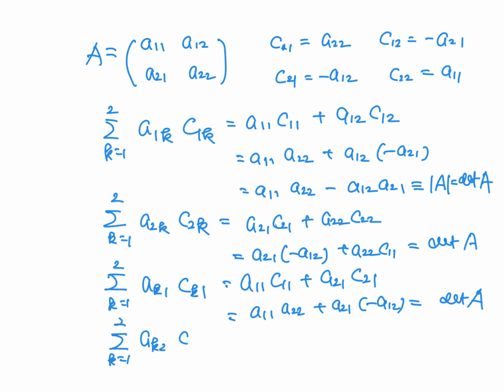The sum of A_k2 C_k2 is A12 C12 plus A22 C22, which is minus A12 A21 plus A22 A11, again the determinant of A.